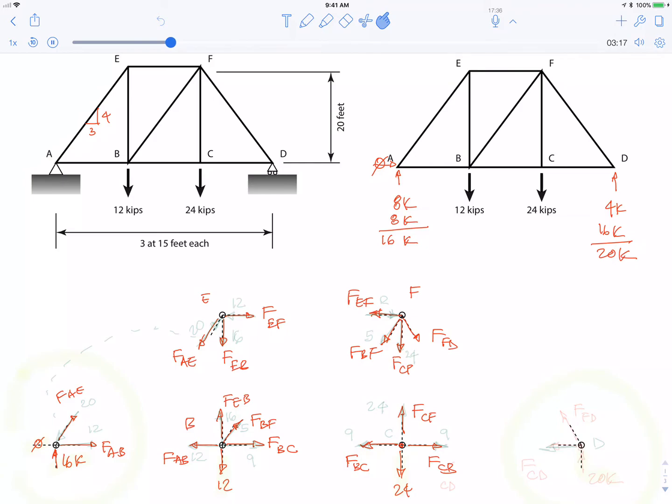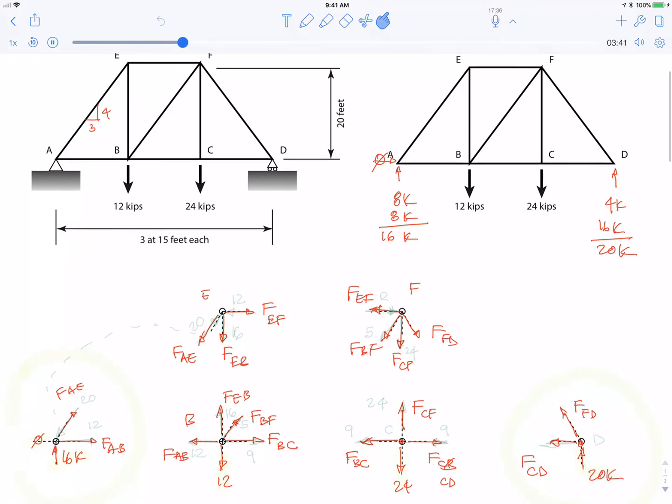And finally, over at joint D, we have this FFD, FCD. I wrote that wrong over here. That should be FCD, and that reaction up there is 20 kips.